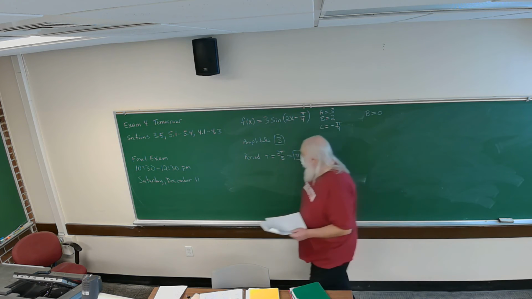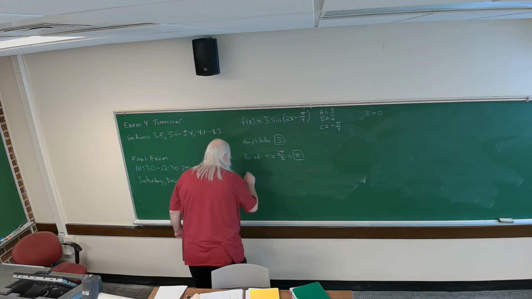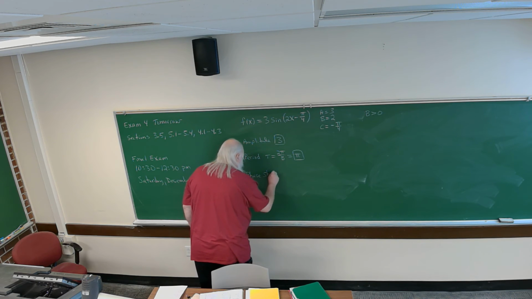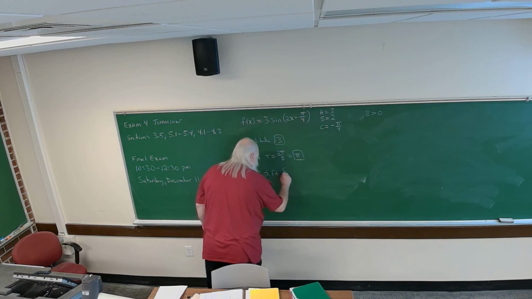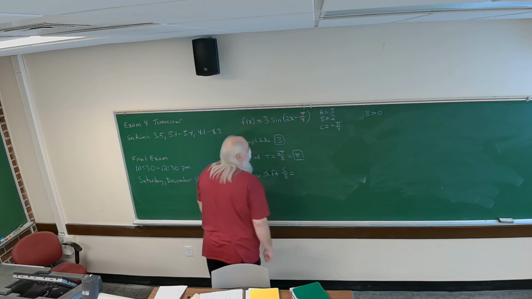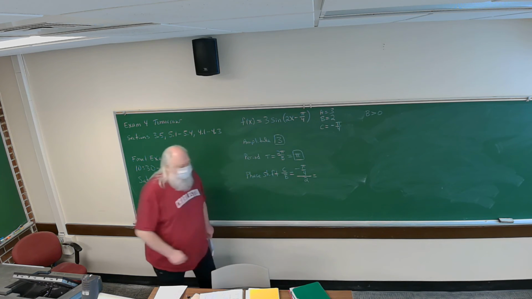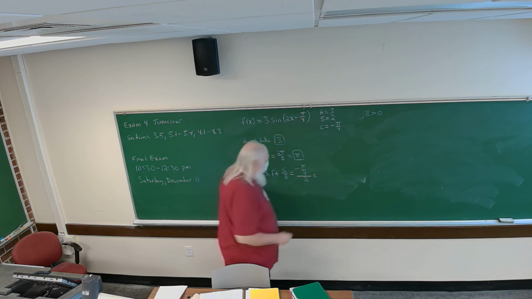Okay. So what's our phase shift? C over B. C is minus pi over 4. B is equal to 2. Minus pi over 4 divided by 2 is minus pi over 8.